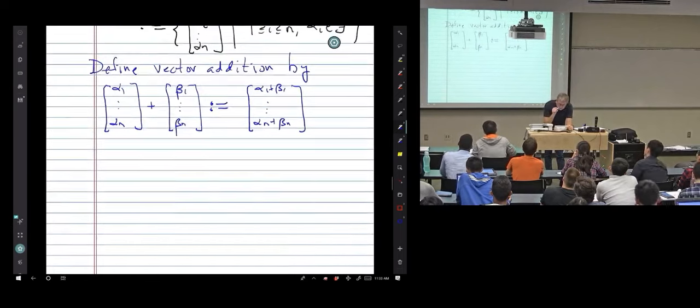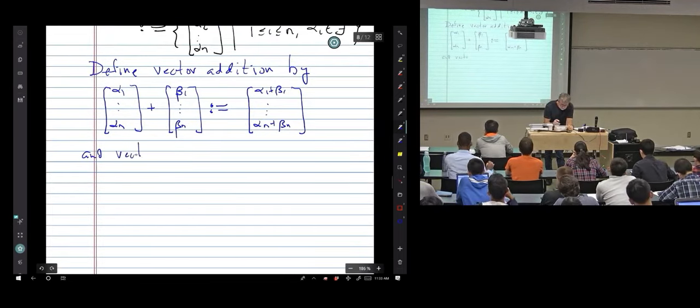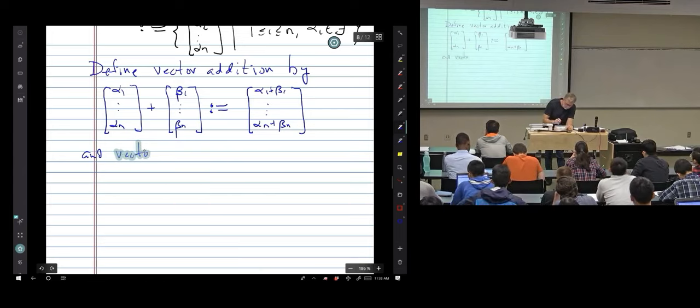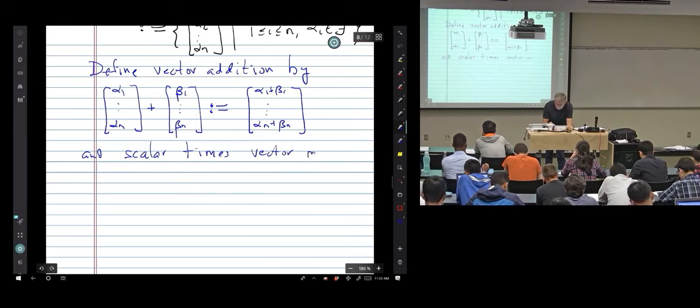Okay, so now define vector addition by this and scalar times vector multiplication. We multiply scalars times vectors, not the other way around. Scalar times vector multiplication. Get it in.